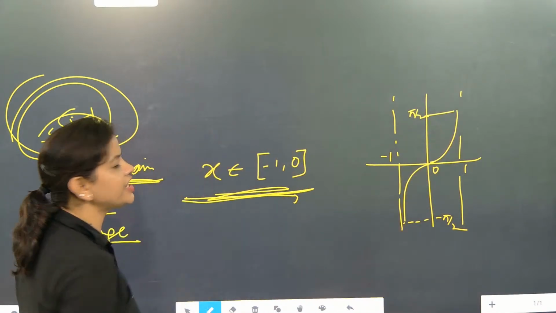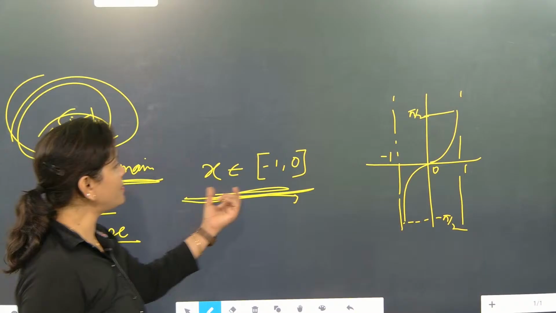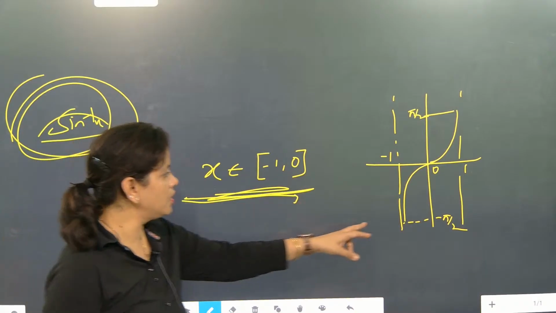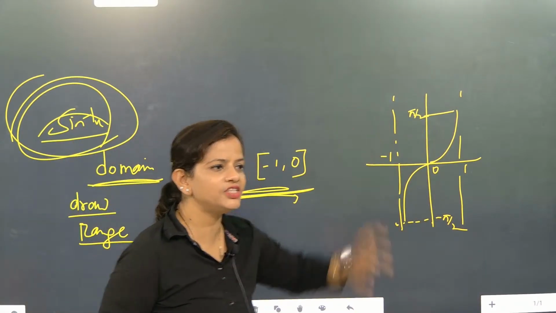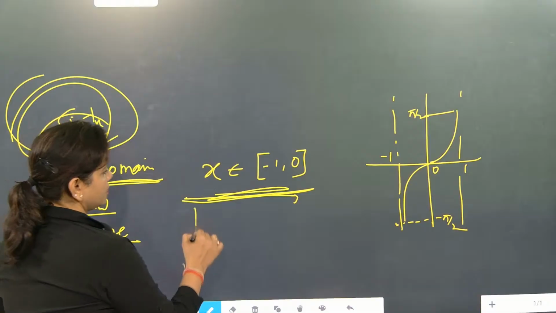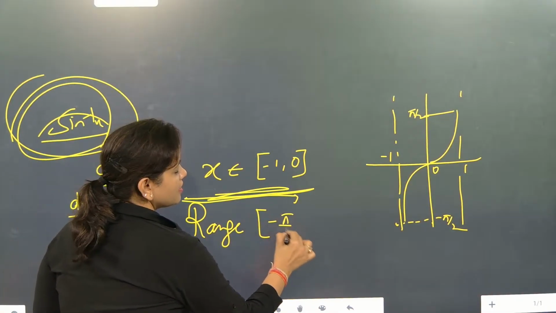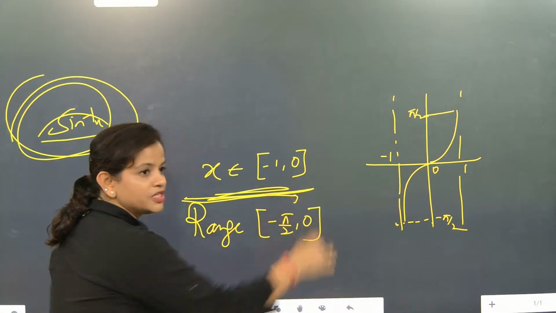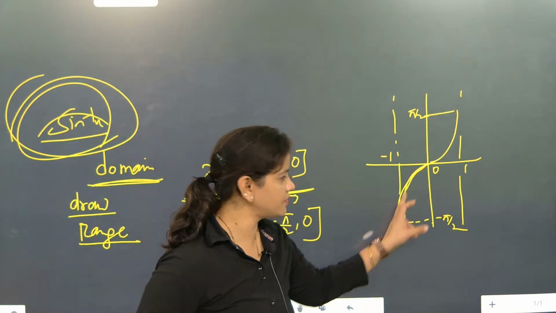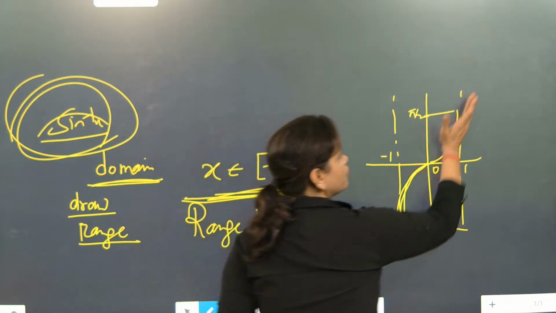So what is the range here? When the domain given is -1 to 0, what is the range? Closed interval minus pi by 2 to 0, because only this part is coming. Understood? We have to remove this part.